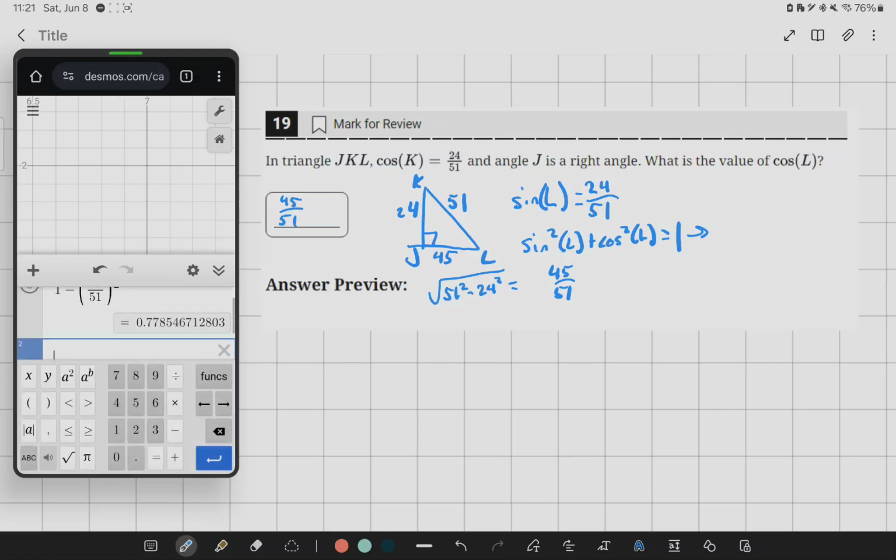So that's not entirely too helpful. So if we solved it without the calculator, we would then have 576 divided by 2601, which actually will simplify to 45 over 51.